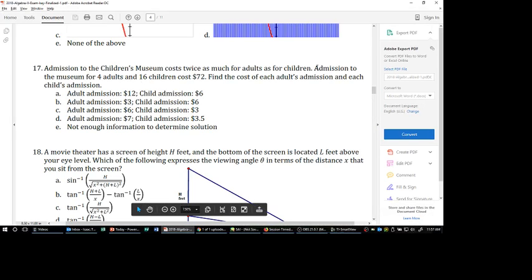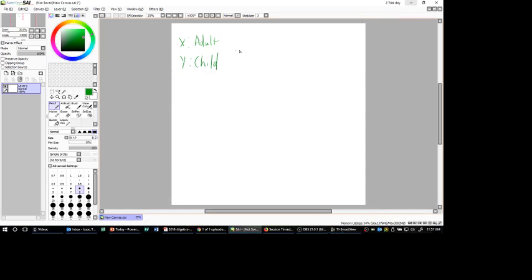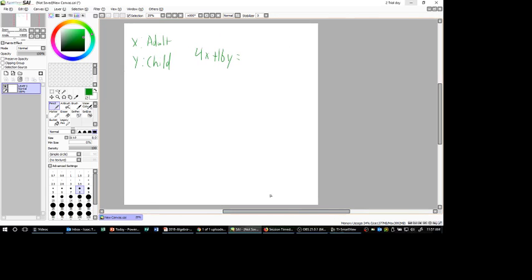So the more obvious statement says 4 adults, 16 children is $72. Okay, so 4 adults plus 16 children equals $72.